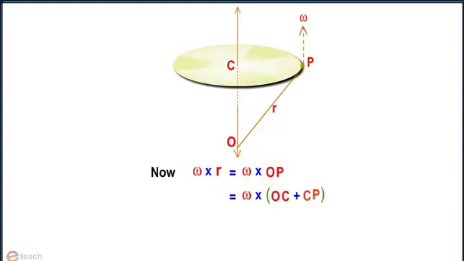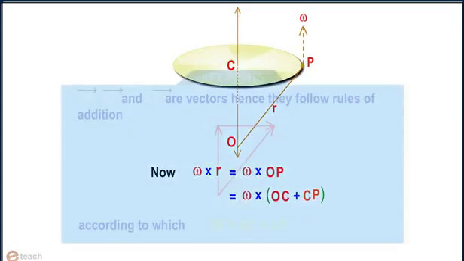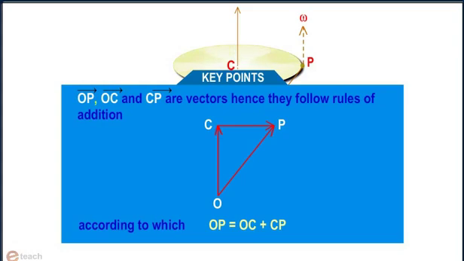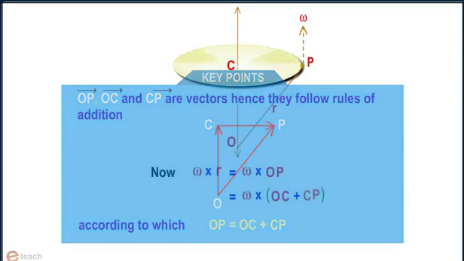Thus, omega cross r equals omega cross (OC plus CP). Key point: OP, OC and CP are vectors following the rules of vector addition, according to which OP equals OC plus CP.